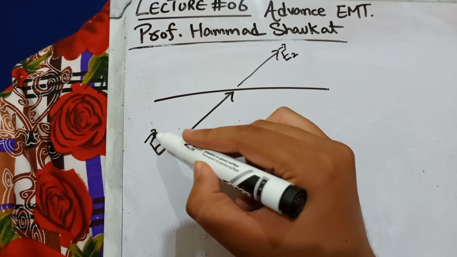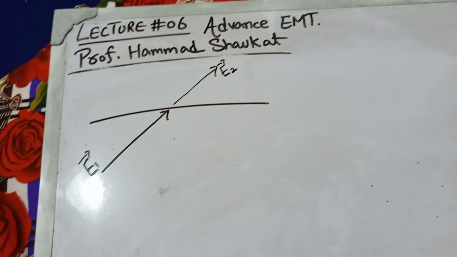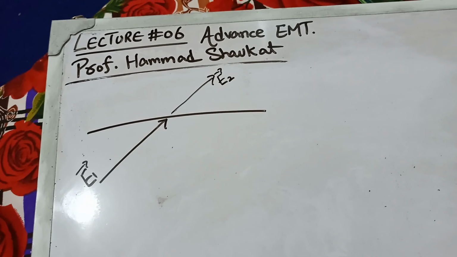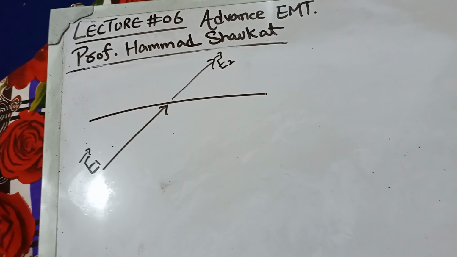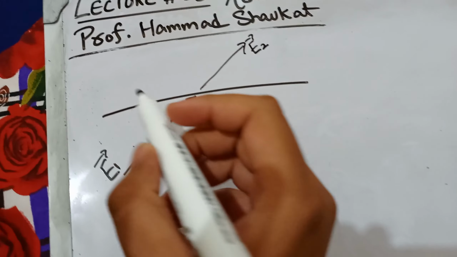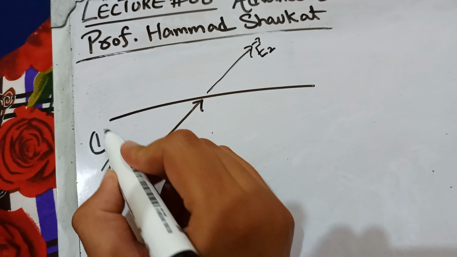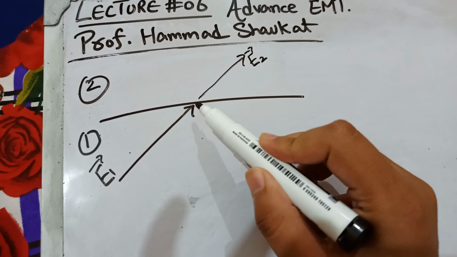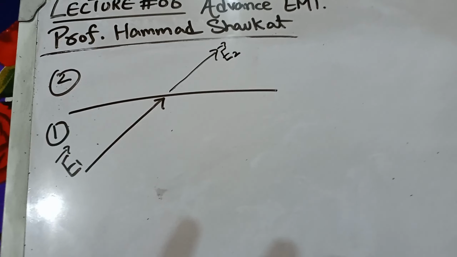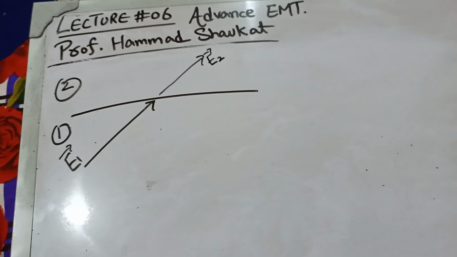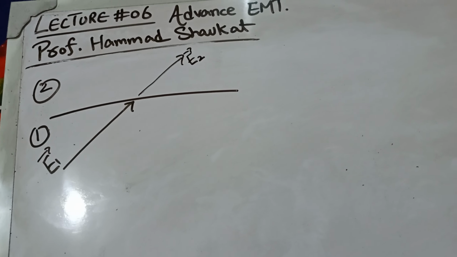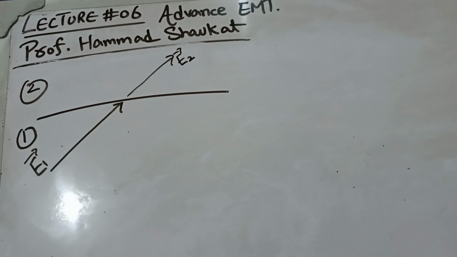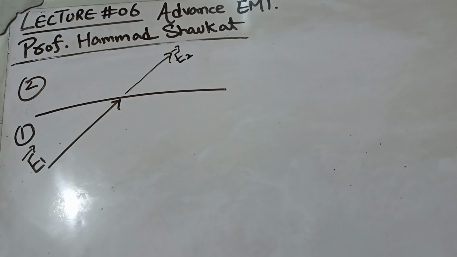You must show it with an arrowhead because these are vectors. This is your first medium, and this is your second medium. The electric field is coming, striking and going outside. What you have to do is find the electric field relation.